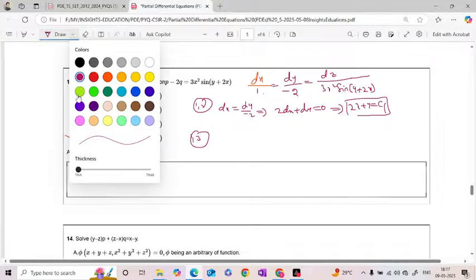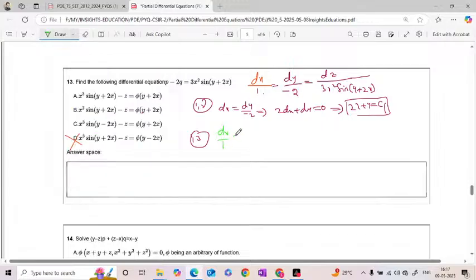Second solution: here I am taking 1, 3. After taking 1, 3, what will happen here? dx by 1 and dz by 3x square sin of y plus 2x, but already y plus 2x is equal to c1. So dx by 1 is equal to dz by 3x square sin of c1.